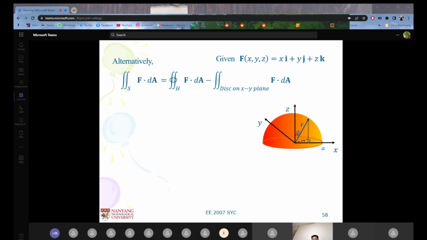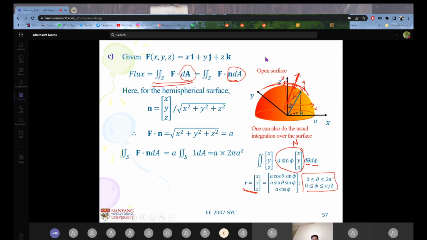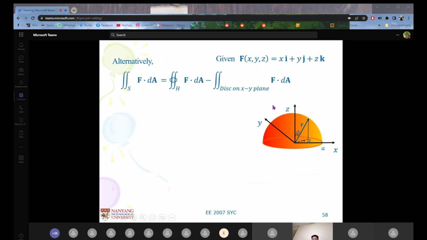Okay? All right. So this is the alternative. I'm going to think of it as a closed surface. So this is my required result. The top hemispherical surface, and over here, close it. This is a closed surface.